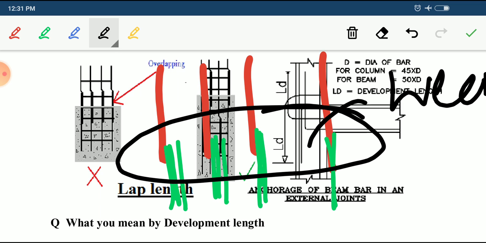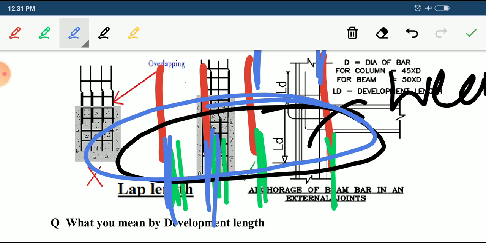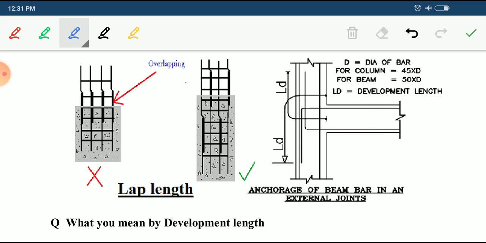That will make a problem, so you are not supposed to do that kind of lapping. You can do two here, the next two here. This is the way you have to go for lapping, otherwise it becomes a weak zone and the structure may collapse. You should maintain proper detailing, which means proper connection should be made.